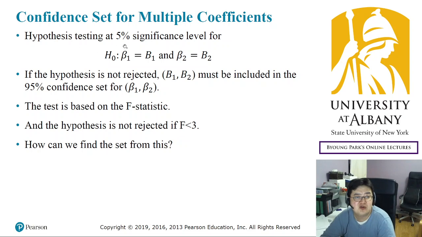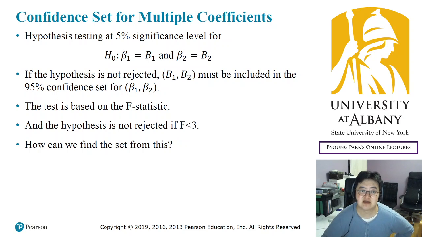Suppose that you consider a null hypothesis such that beta 1 equals b1, beta 2 equals b2, and you calculate the F statistic for this null hypothesis. If this hypothesis is not rejected at the 5% level, then those values in the hypothesis, b1, b2, must be included in the 95% confidence set.